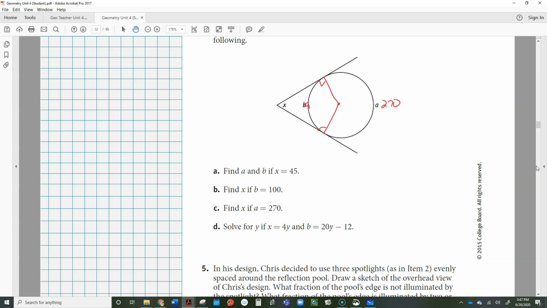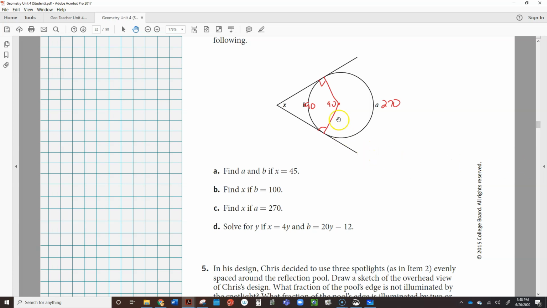If arc B is 90, then this angle right here is 90, which is strange. We got 90, 90, and 90, which means this one over here is going to have to be 90, because all three of those angles have to add up to 360. So that's one way that you could do it.